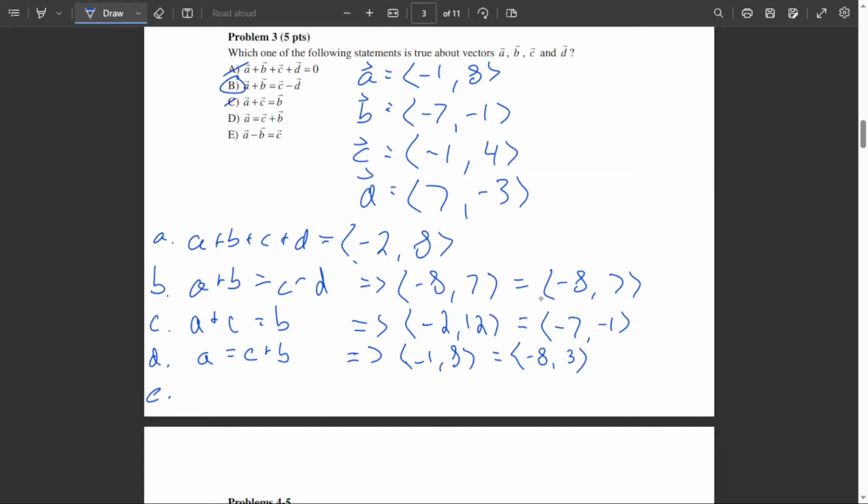And then it's also obviously false. Last one, A minus B equals C, which gives us -1 minus negative 7, 6, and then 9 is equal to -1, 4. So we can see B is the only expression that is true.